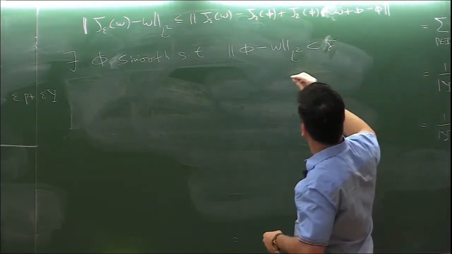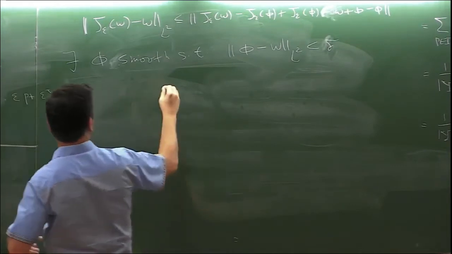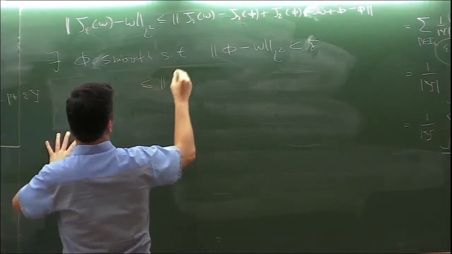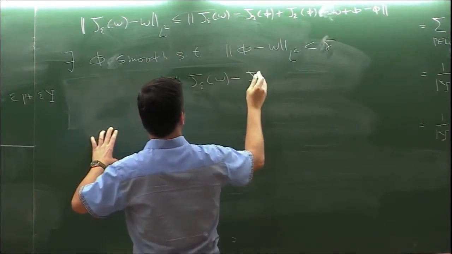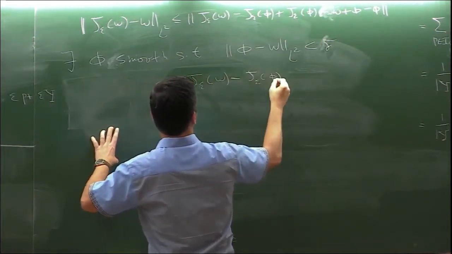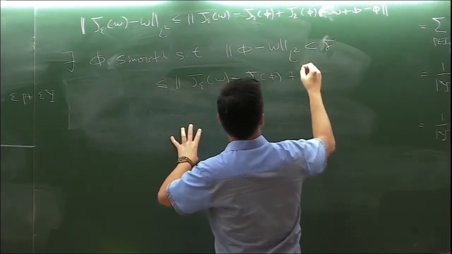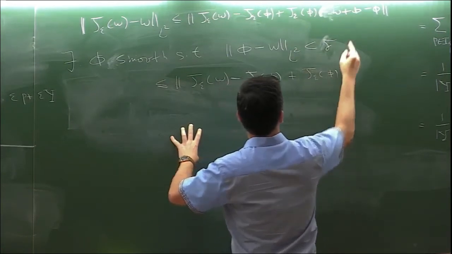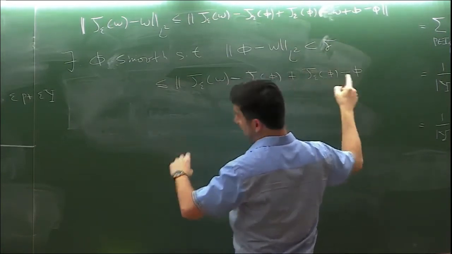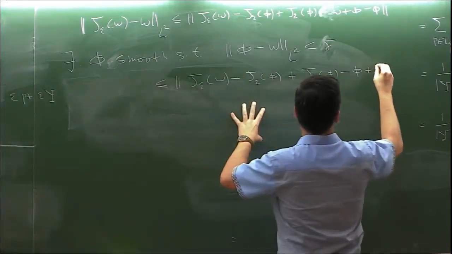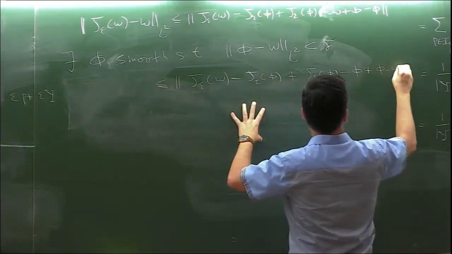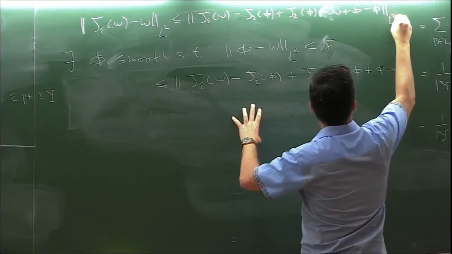Here it is less or equal, and I'll group them properly: plus T epsilon of phi minus phi, because I know that this is small, and plus phi minus omega in L2.